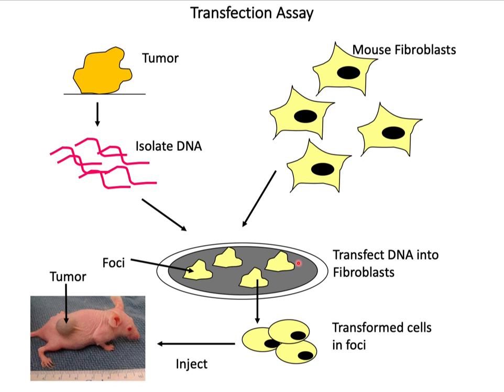This uncontrolled growth, the formation of these piles of cells known as foci, is due to a lack of contact-mediated inhibition. And if you take one of these foci and you inject it into some kind of compromised SCID mouse as shown in the picture, you will get the formation of tumors. SCID stands for severe combined immunodeficient mouse.